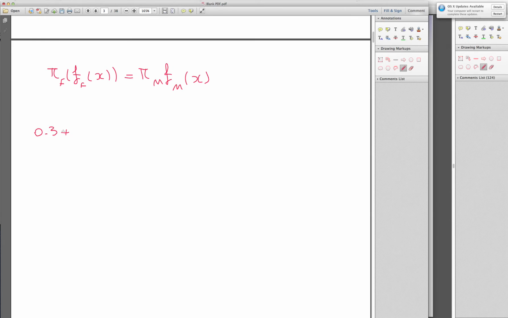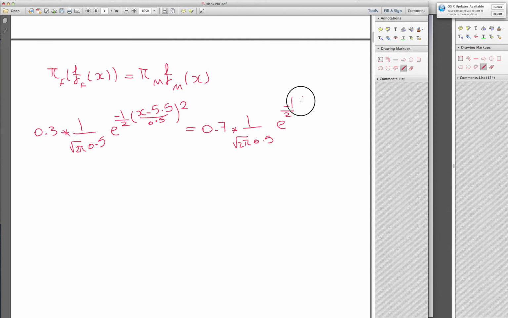So 0.3 times 1 over the square root of 2 pi 0.5 exponential of negative 1 over 2 x minus 5.5 divided by 0.5 squared shall be equal to 0.7 times 1 over the square root of 2 pi 0.5 exponential of negative 1 over 2 x minus 6 divided by 0.5 squared. So we can just get rid of this part. That's a good thing.